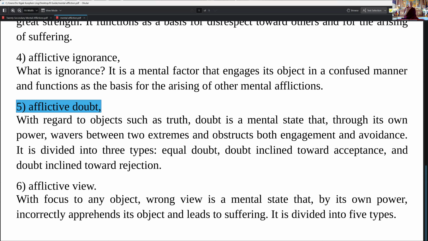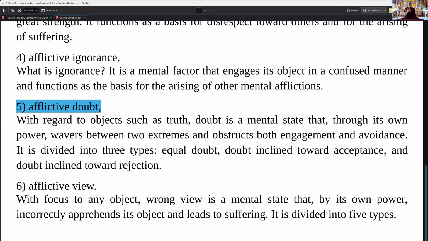What I have to engage in, what I have to abandon, what I have to take, what I have to leave. So we will not know what things need to be engaged in and what things need to be abandoned because of doubt, right? Based on that, sometimes you might engage wrongly, which causes suffering. Sometimes you might abandon the right things, which causes suffering. So right now, we are abandoning compassion. Is this right or wrong?